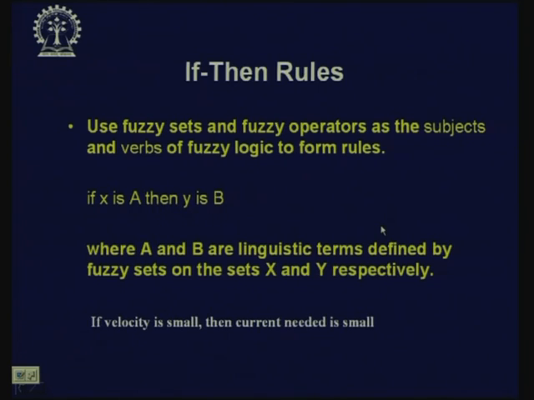Next, in order to do some inferencing, we have to look at the if-then type of rules. We use fuzzy sets and fuzzy operators as the subjects and verbs of fuzzy logic to form the rules. Now, consider this rule: if velocity is small, then current needed is small.